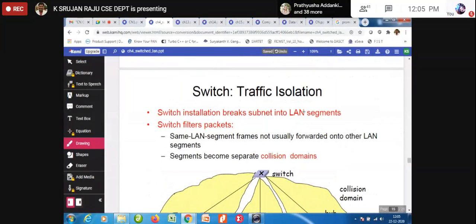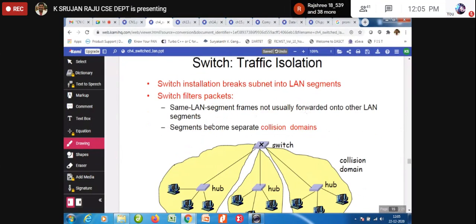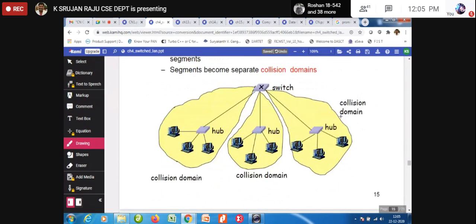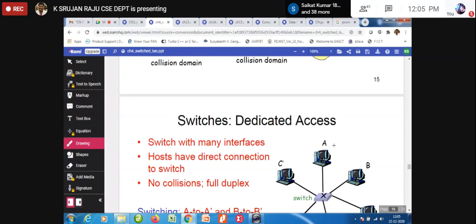Now how are you going to isolate your traffic? Frames in the same LAN segment become separate things where you have collision domains. Each one you call a collision domain, and these collision domains are connected. Then you call those things VLANs, virtual LANs, which we are going to discuss.